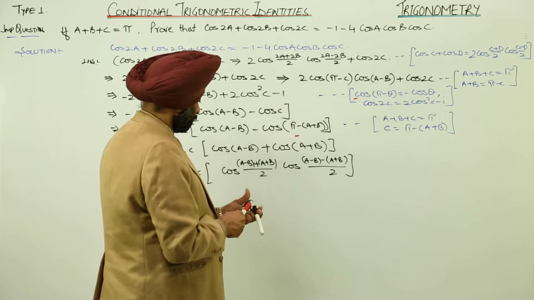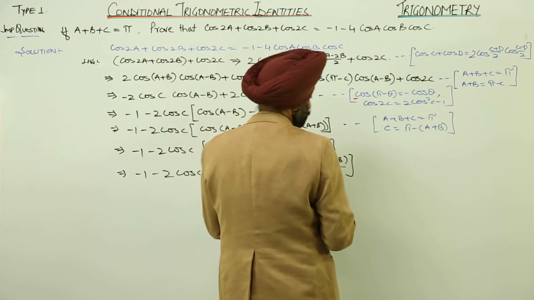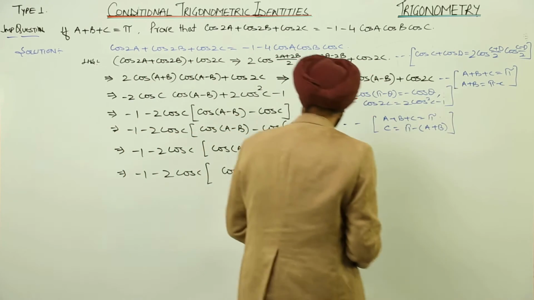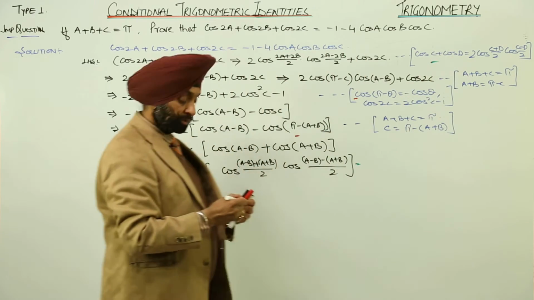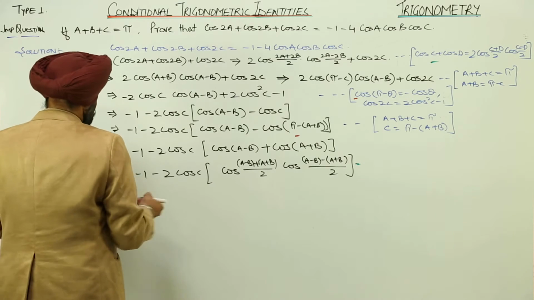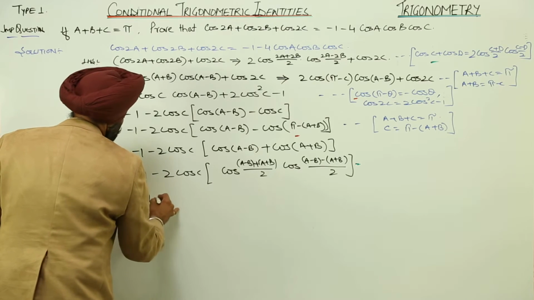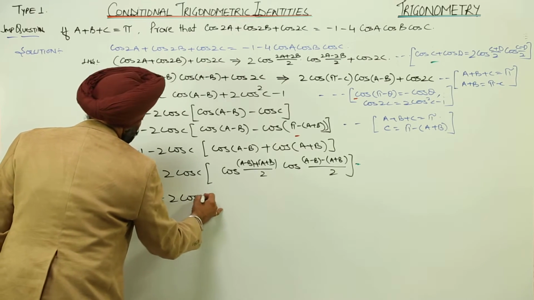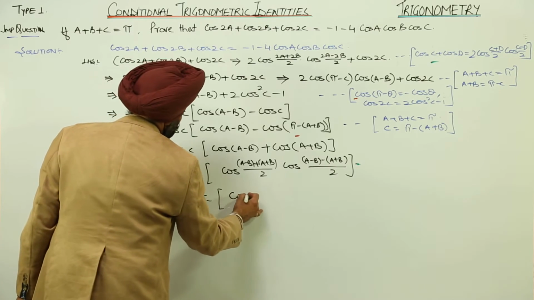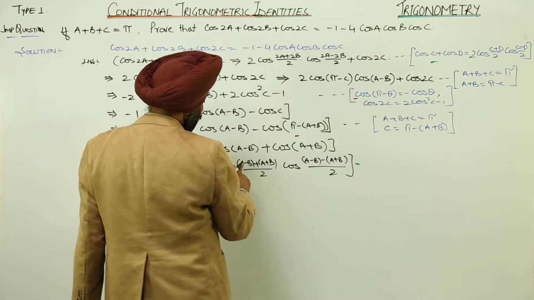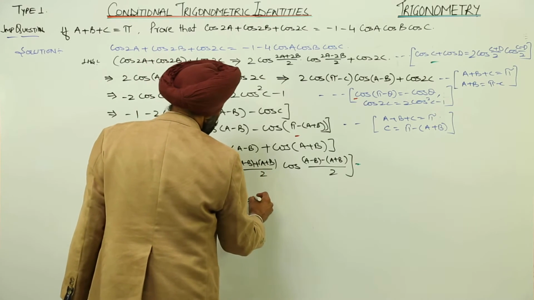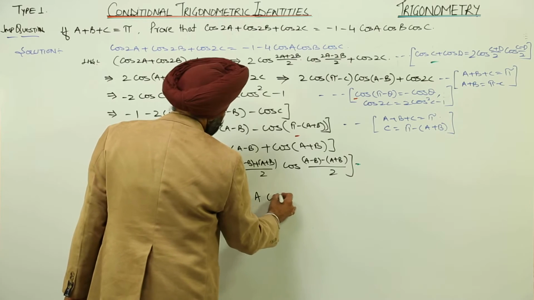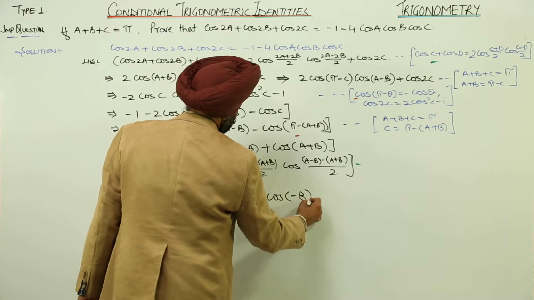Now for this part, again we have used this formula. Is it clear? Negative 1, negative 2 cos C with cos. Now A minus B plus A plus B, so 2A upon 2, that is cos A, and this becomes cos negative of B.